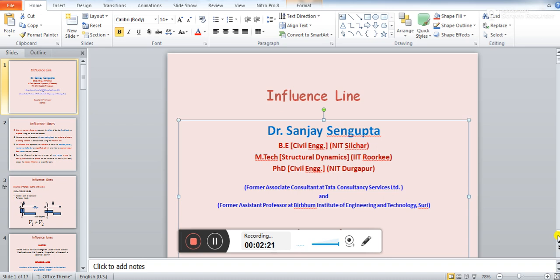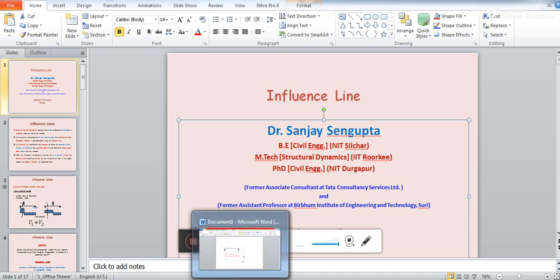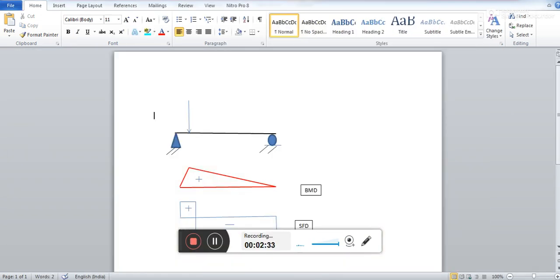Then we will get into the detail. I have just drawn two figures in this small Word document.